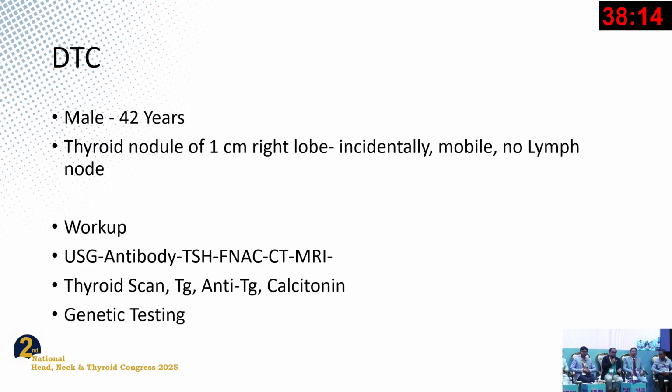We can do elastography as well, because normal ultrasonography has a sensitivity of only 48 to 68%. But whenever we do elastography, we can differentiate whether it is benign or malignant up to 90%. So I think we can do a high resolution ultrasound as well as elastography with Doppler, and then go for next planning. Then we do the thyroid scan also.